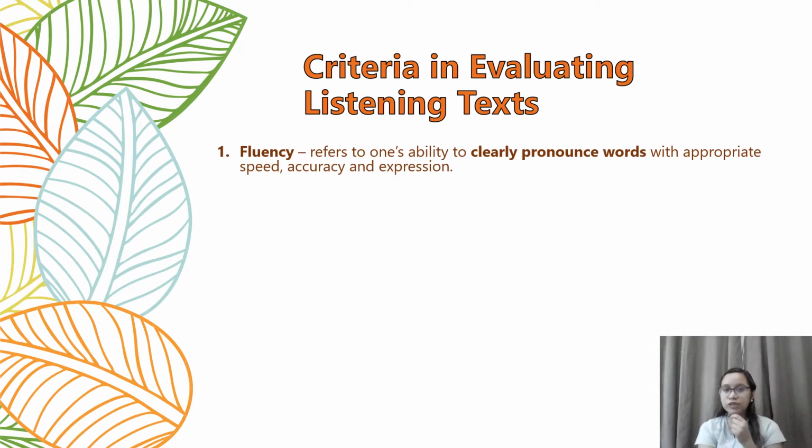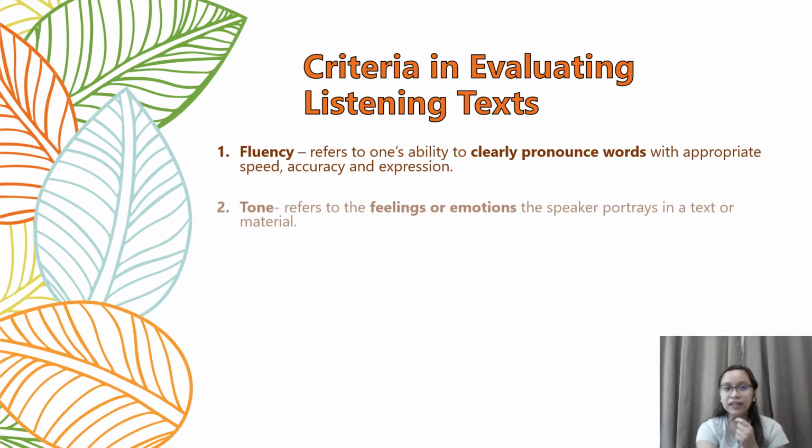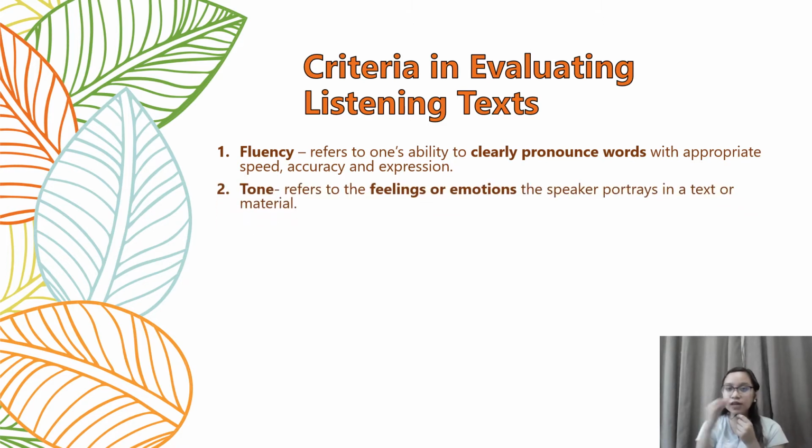What is fluency? Fluency is the speaker's ability to clearly pronounce words with appropriate speed, accuracy, and expression. Next is tone. When we say tone, these are the feelings or emotions conveyed by the speaker, portrayed in a text or a material.